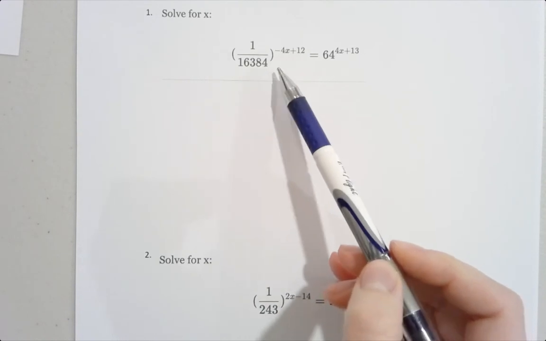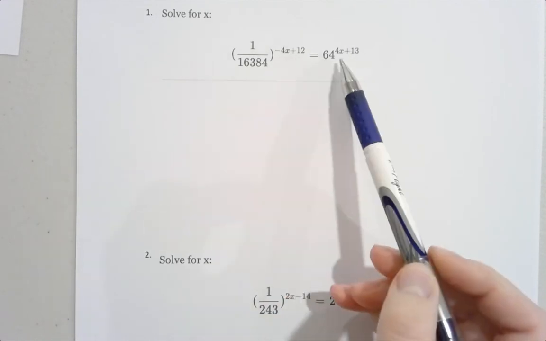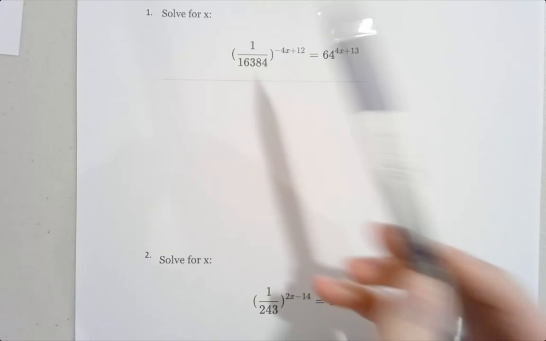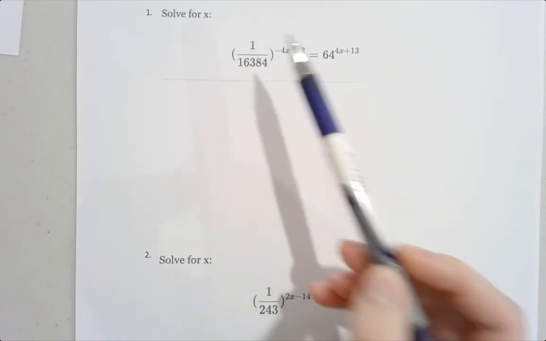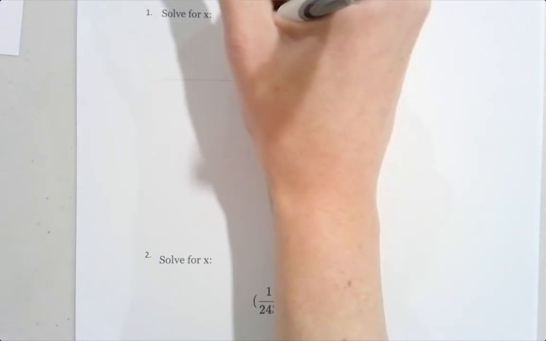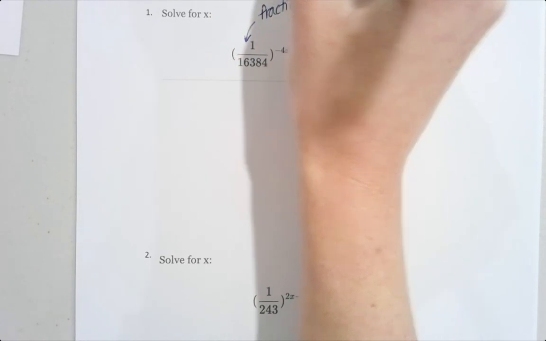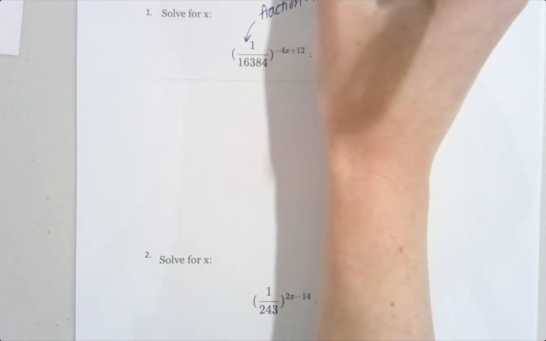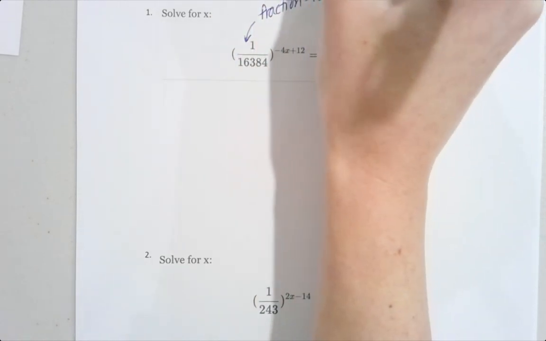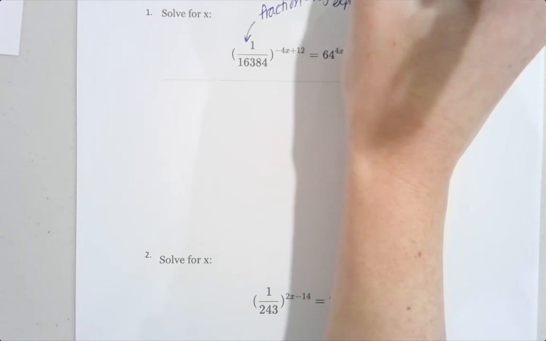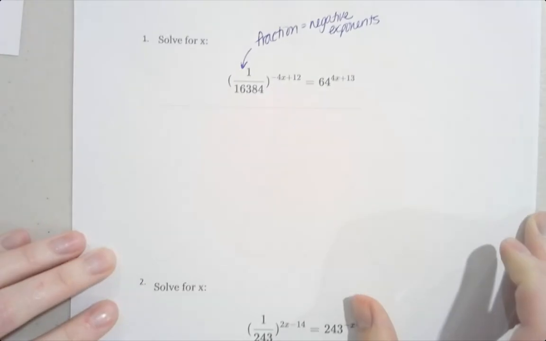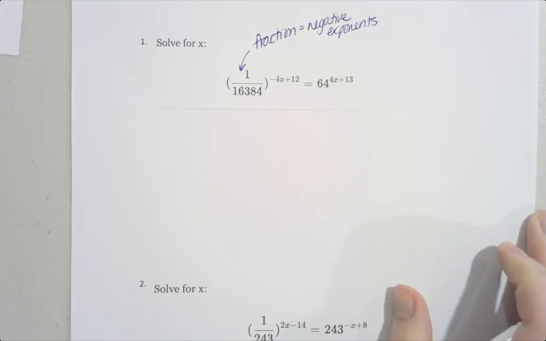So instead, when I find my common base, that's when I'm going to write it with a negative exponent. So just keep that in the back of your mind: fractions equal negative exponents. And it all still works out. Fraction equals a negative exponent.